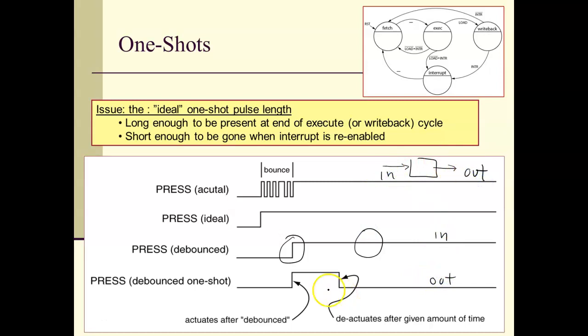Meaning that this pulse width is kind of not stable. So it's only going to be in this unstable state for a given amount of time, and typically it's controllable. The pulse width is usually programmable, not a big deal. So that means we can make it long enough and make it short enough. So one-shot is our key to success on this.